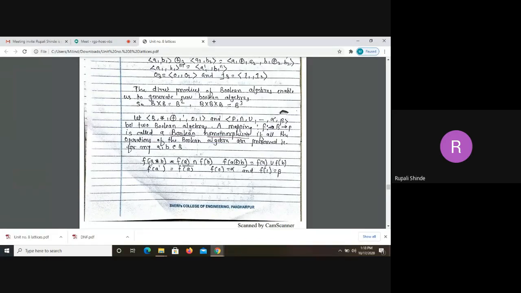Now we want to apply this function separately on a and b. For that purpose, we have to consider the operation which is associated with star but in the second set. Here intersection is associated with the star operation.